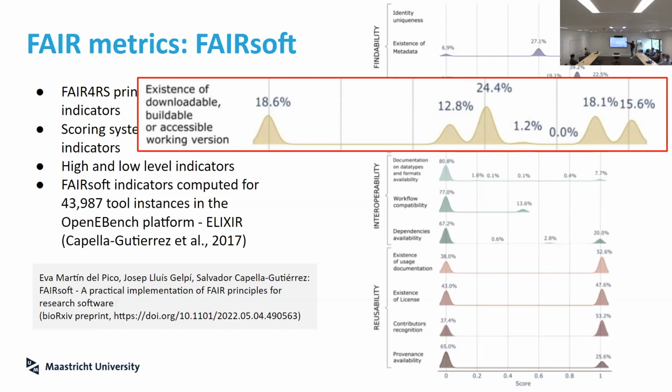We can see it's very spread out. 1 out of 4 projects were just scoring 60% somehow with the FAIR principles. 1 out of 5 were not really scoring well.